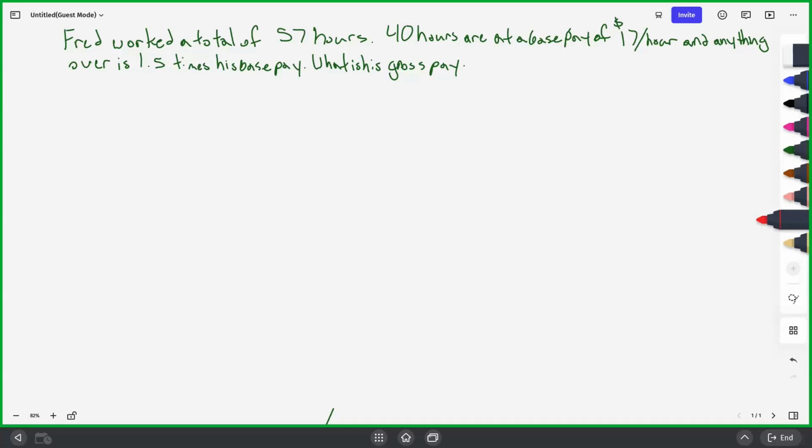The first thing we want to do is figure out how much of this is overtime and how much of this is normal pay. So how much of this is normal pay? 40 hours. How much of this is overtime? 17. So what do we times the 40 by? 17.